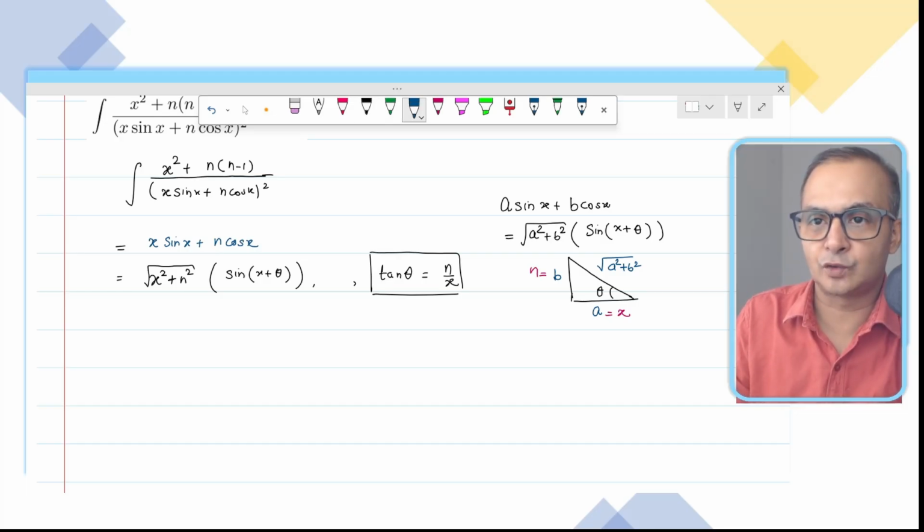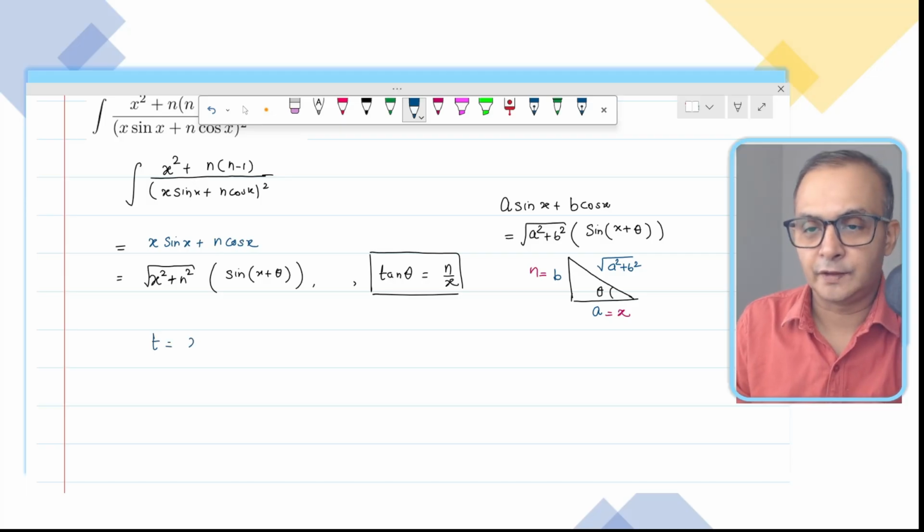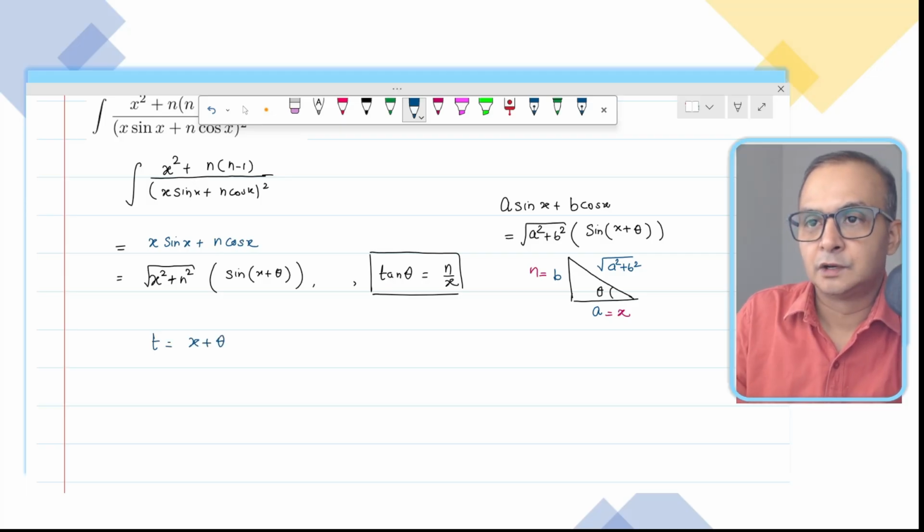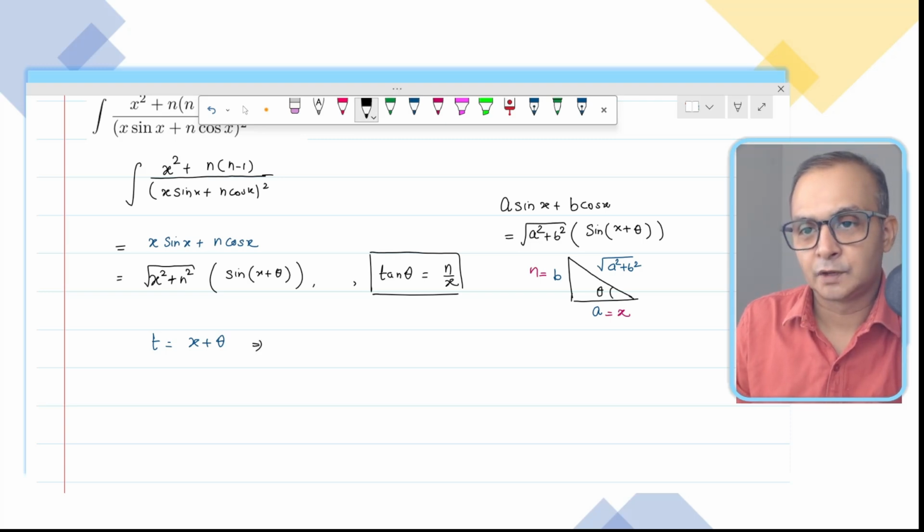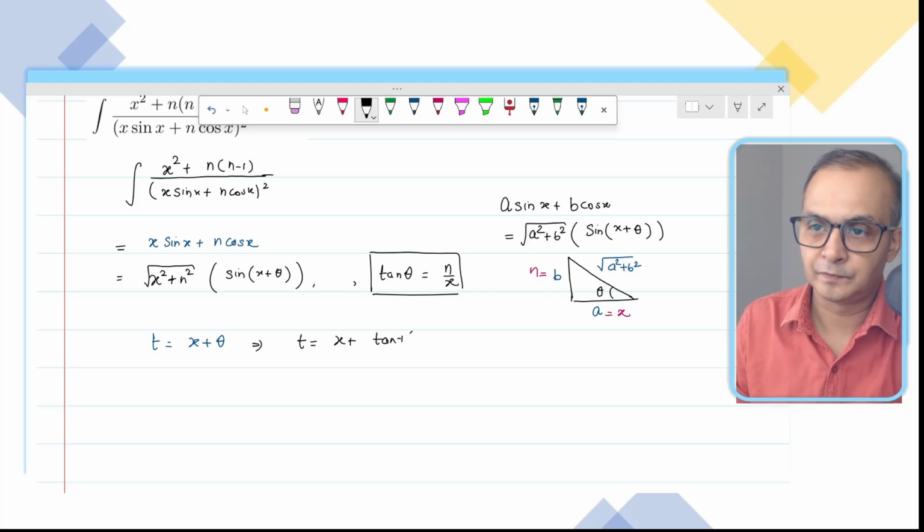By the way, there is a square here, so we have to be careful. So I'm assuming t is equal to x plus theta, so that cleanly I can use tan theta as n by x. That is going to give us t equal to x plus tan inverse of n by x.